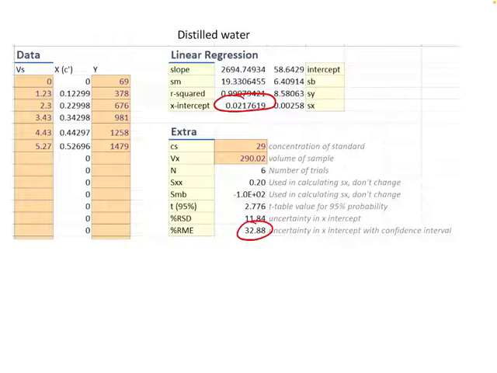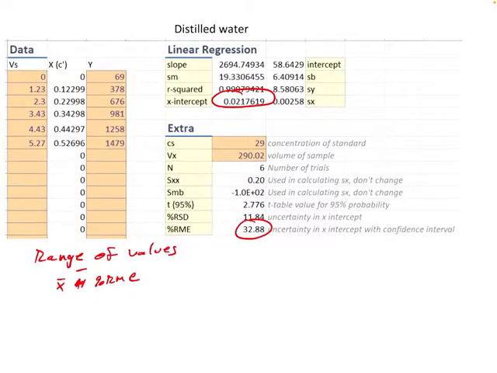And what we want is to get a range of values where the true value of the salinity of distilled water might be, and the range of values is actually the x value, so the salinity, minus the RME all the way up to the positive of the RME. So let me go ahead and crunch this number and show you how we would do this.